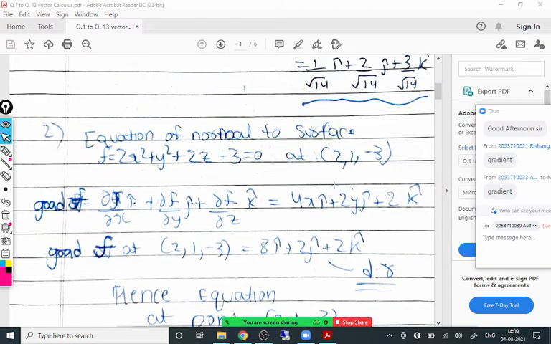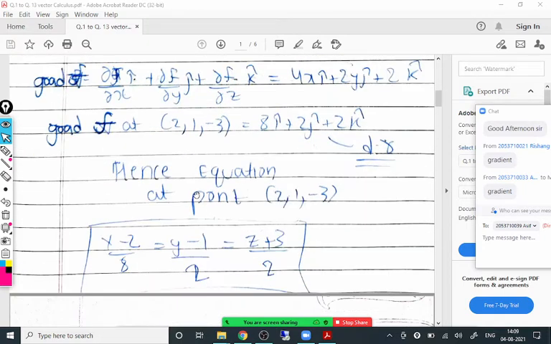Equation of a normal to the surface. Yes, this is a vector which is normal to the surface, but that's not the final answer. We want the equation of that straight line.